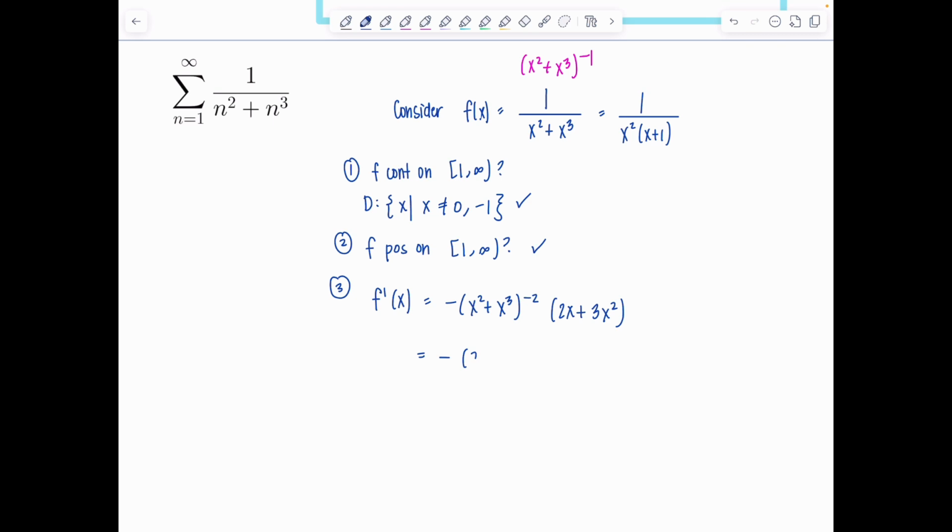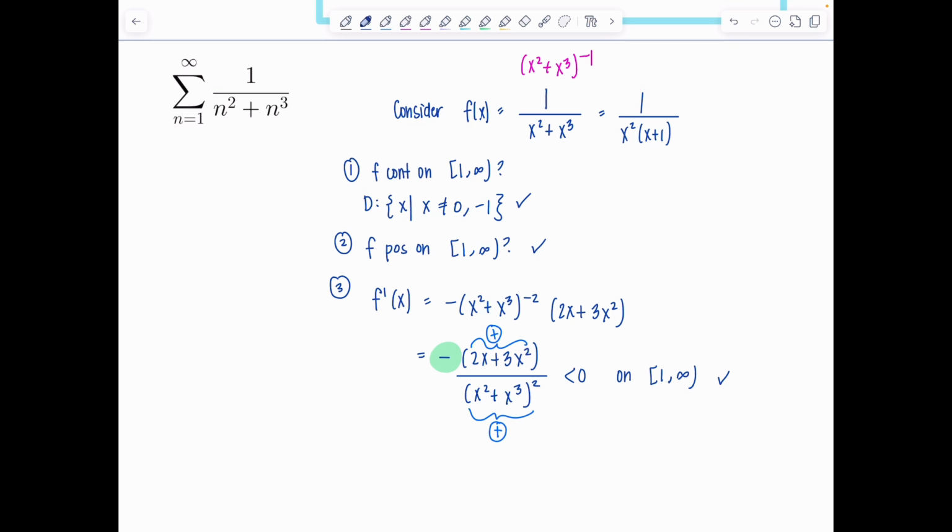So that's negative 2x plus 3x squared over x squared plus x cubed squared. Now this is always positive. On 1 to infinity, that's positive. And then I've got this extra negative. So this is negative on 1 to infinity for sure.